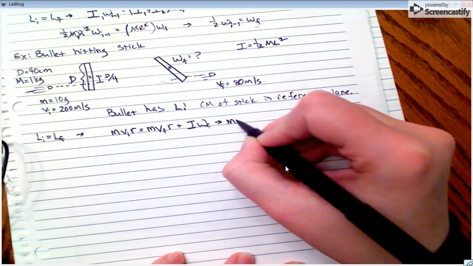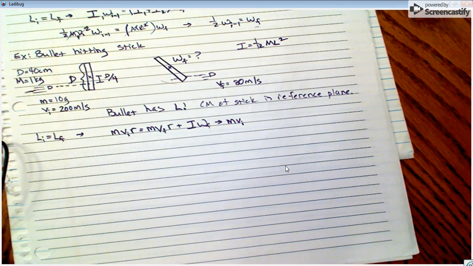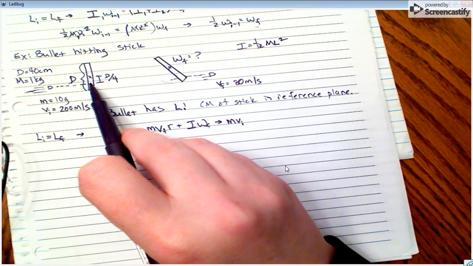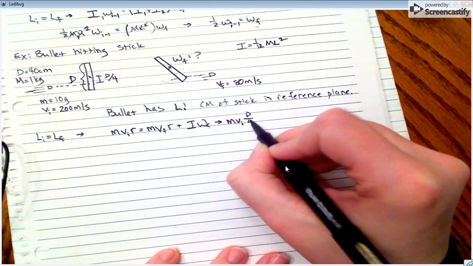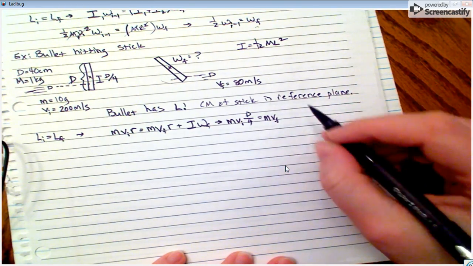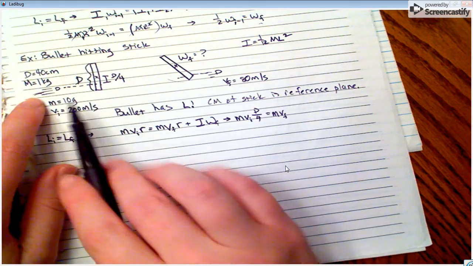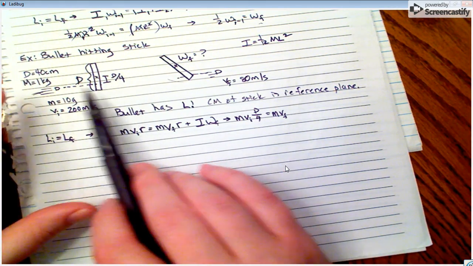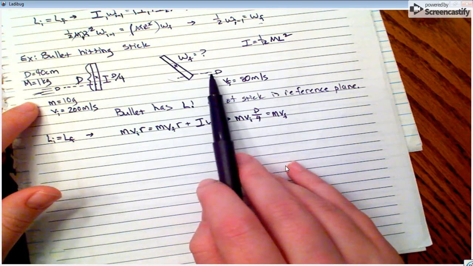So m v_i, the radius of our bullet, that's going to be the distance of closest approach, which is this d over 4. And remember, it doesn't matter where that bullet is. The radius is always that distance of closest approach, whether it's there or all the way over here.